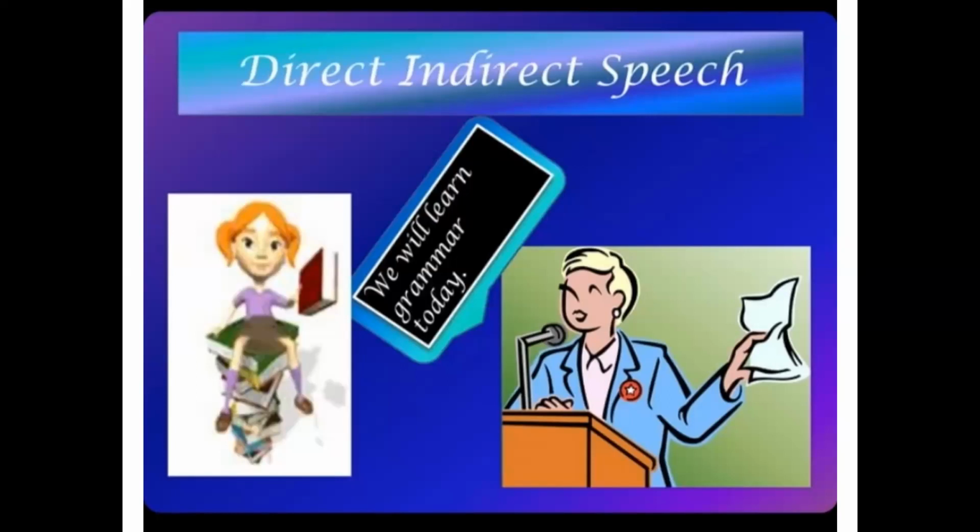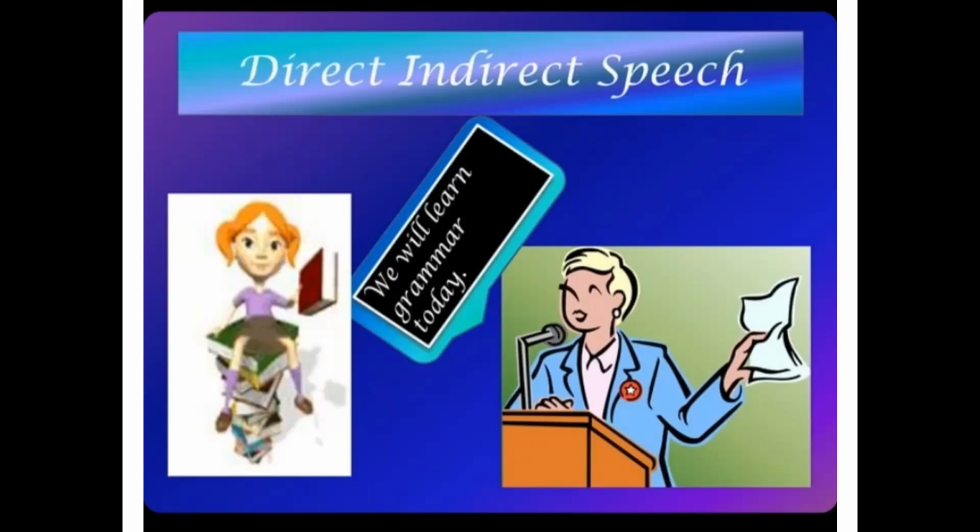A person's spoken word can be reported to another person in two ways, such as direct speech and indirect speech. Direct speech reports the exact words of the speaker. It is otherwise called quoted speech. So in that manner, you can see the quotation marks there. Alteration is not made except in writing.